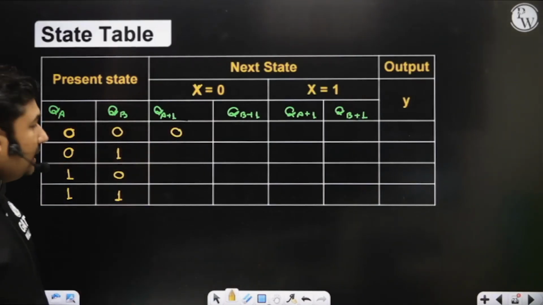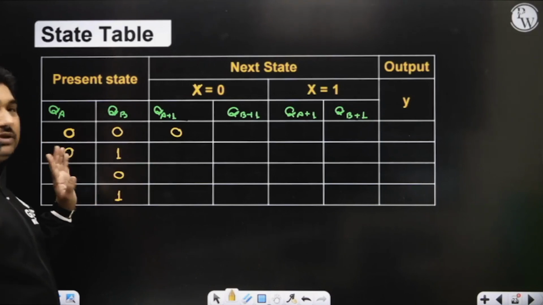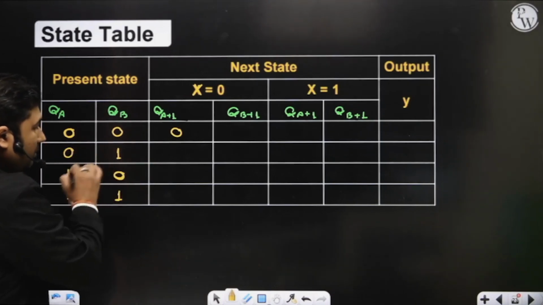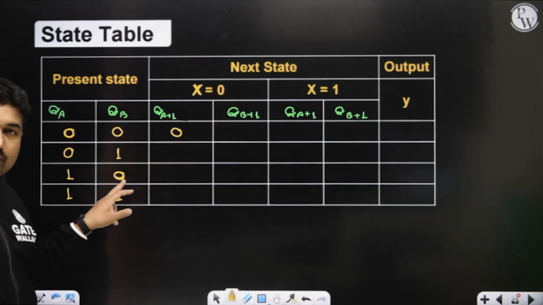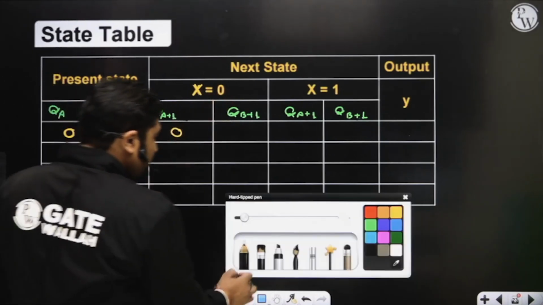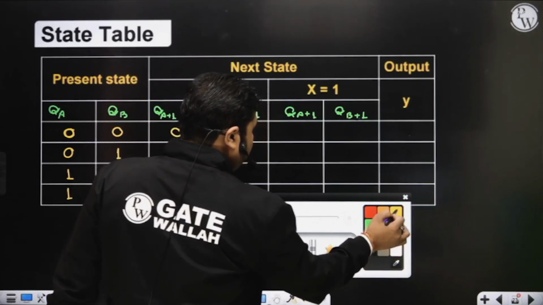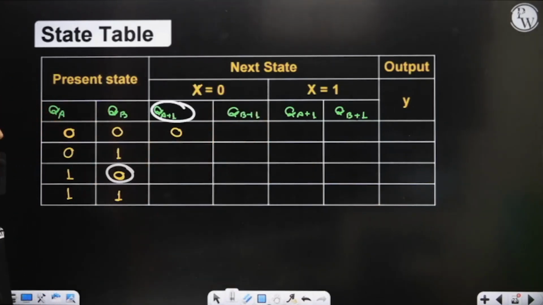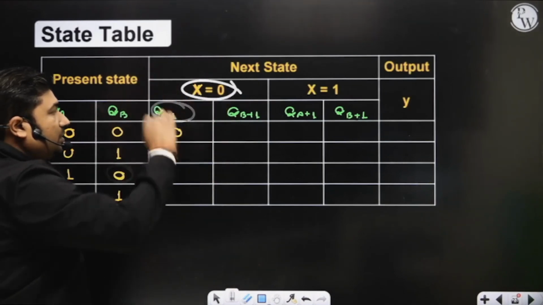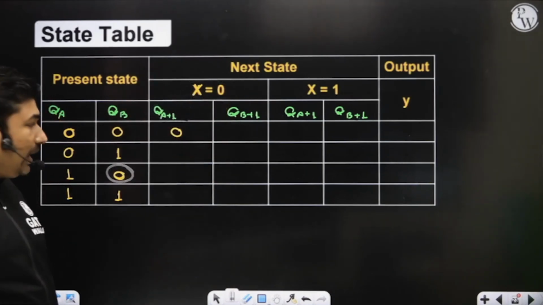Is it okay? Again, with QB equal to 0 and X equal to 0, what happens to QA plus 1?